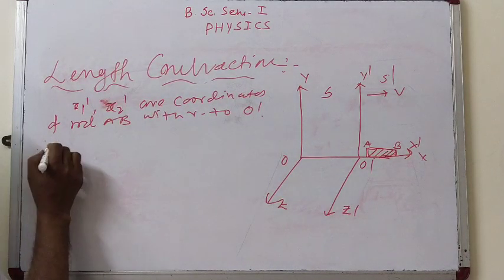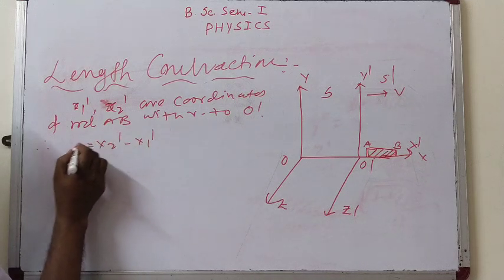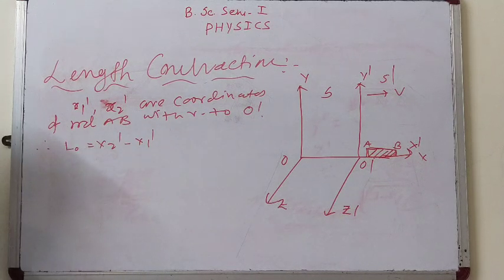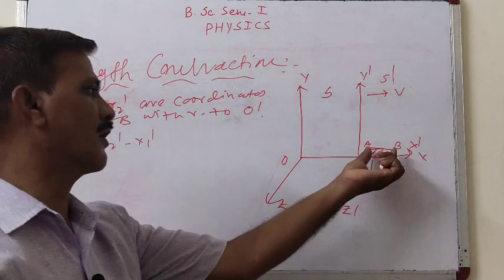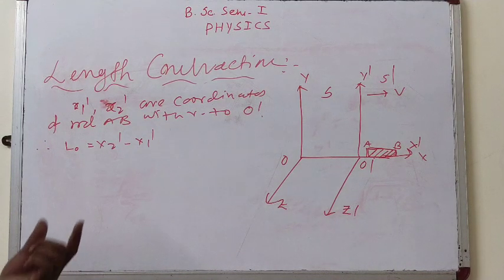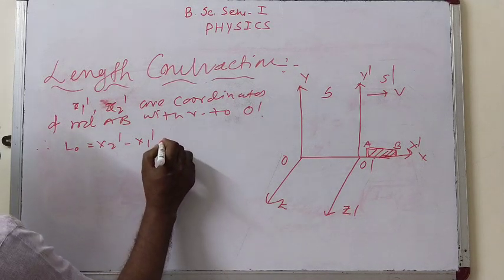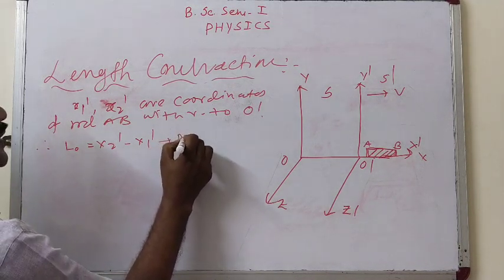Therefore, x2 dash minus x1 dash is equal to L0. L0 is the length of this rod which is kept on the x-axis of frame S dash with observer O dash, and this is called the proper length.